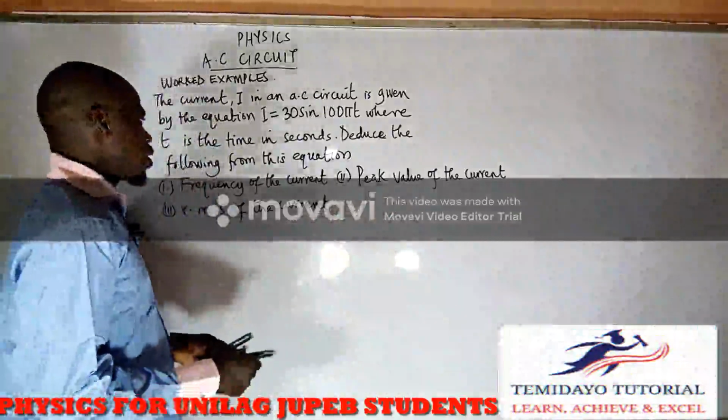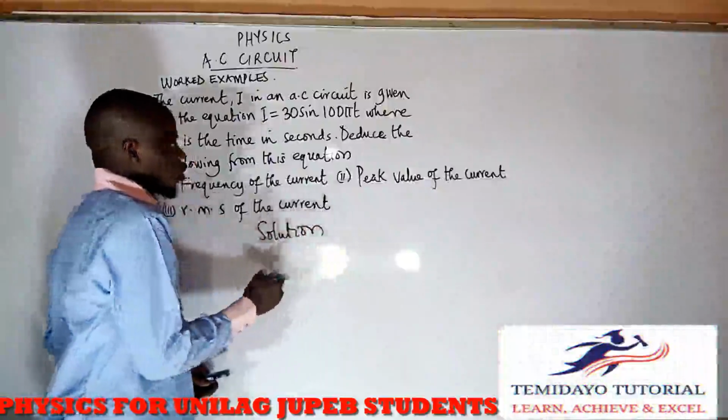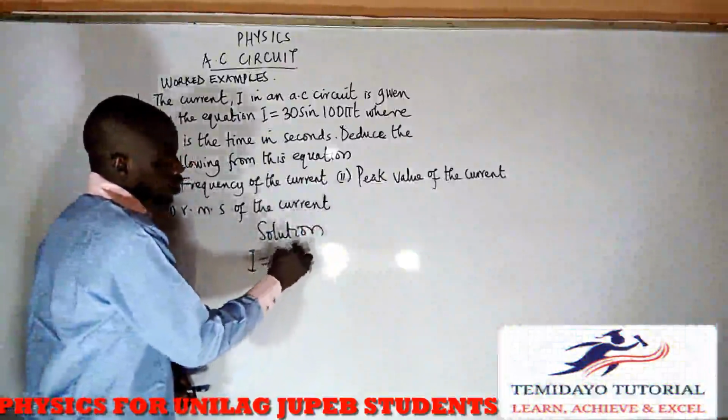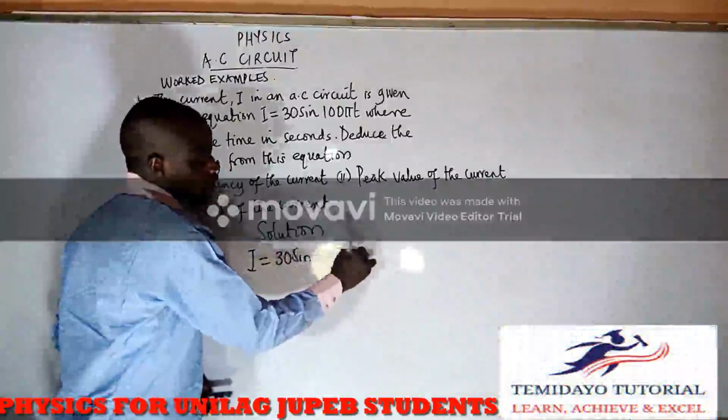Now, we are given that I is equal to 30 sine 100 pi t.